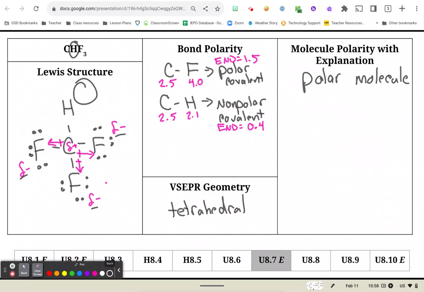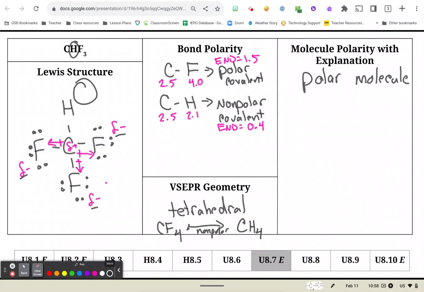So remember, with these tetrahedrals, if it was all fluorines on the outside, so CF4, we saw it was nonpolar. CH4 would also be nonpolar. Because they're all the same, they're all nonpolar. But as soon as I change something, then I know that it's going to be polar because I don't have the same thing on the outside. So, polar molecule.